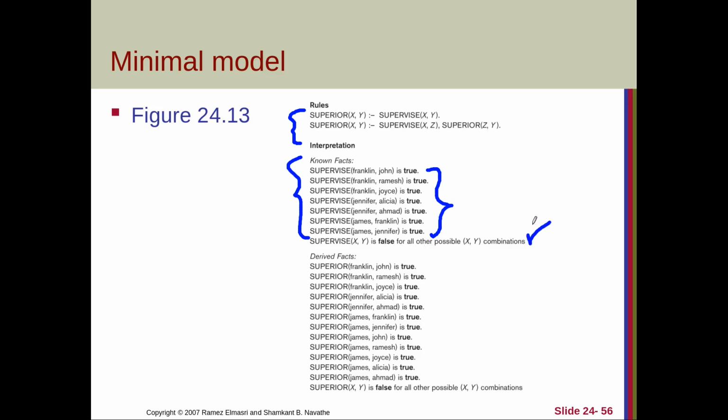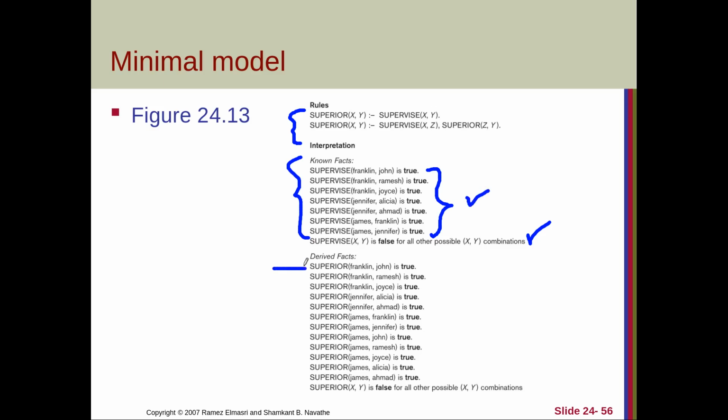That is the conclusion. So it is applying these constant values to the variables for all the cases that are available, and for all other cases it will be false according to the currently given situation.